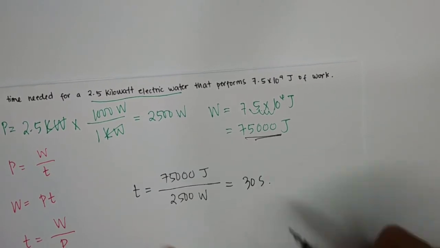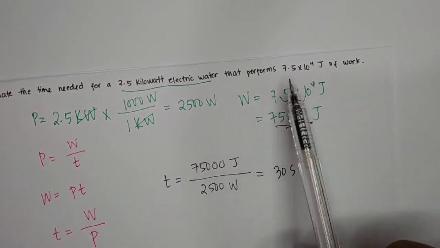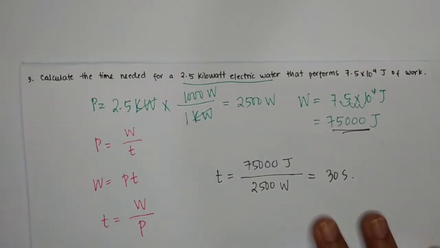So it will take 30 seconds for the electric water heater to perform 7.5 times 10 raised to the power of 4 joules of work if it has 2.5 kilowatt power. So that's our three problems.